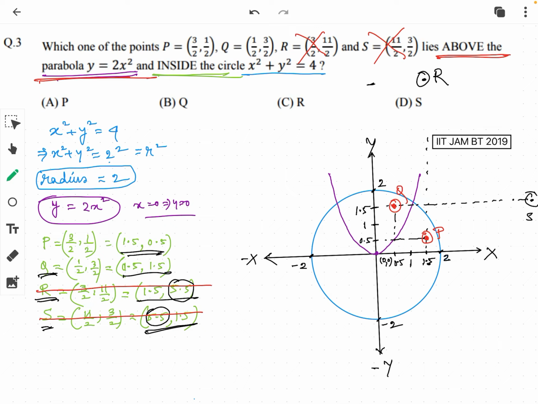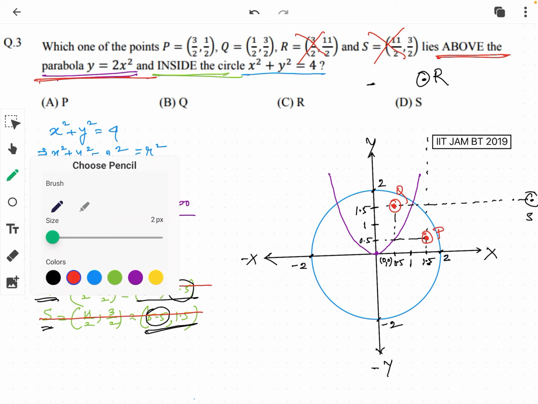But here it is not the case, because here we need to know if the point is above the parabola or below the parabola. So the point Q is above the parabola, not below, but the point P is below the parabola, not above the parabola, right? Here it is clear by our drawing.